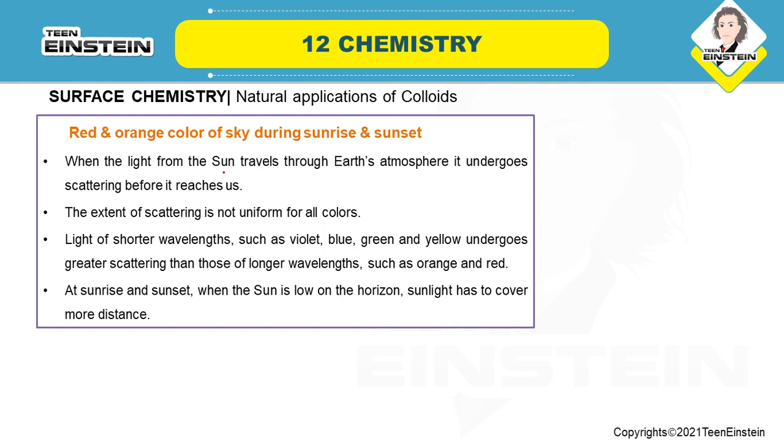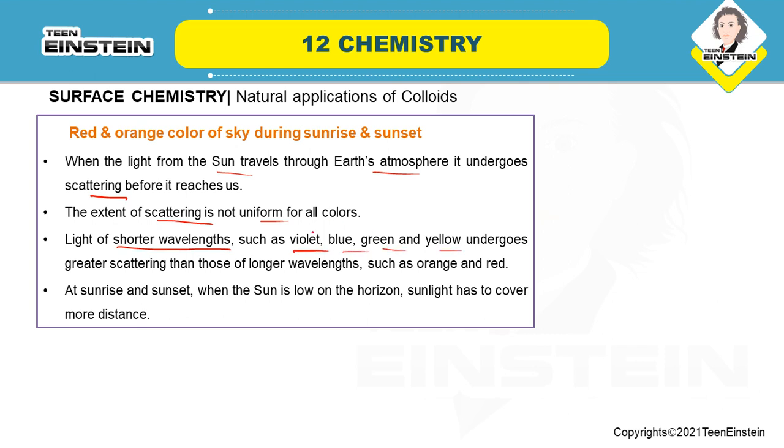When the light is coming from the sun, it is obviously traveling through the earth's atmosphere, and when it is traveling through this atmosphere there will be scattering before it reaches us, because there is a long path it has to travel. Now this extent of scattering is not the same for all the colors, so it may be different for different colors. Now if the light is of shorter wavelength, and shorter wavelength means high energy, the colors are violet, blue, green, yellow, like this.